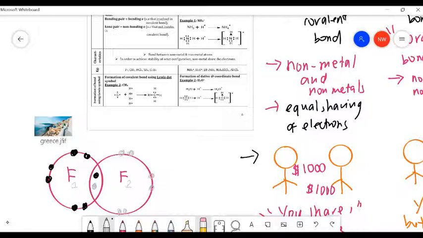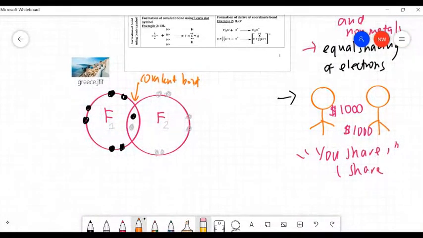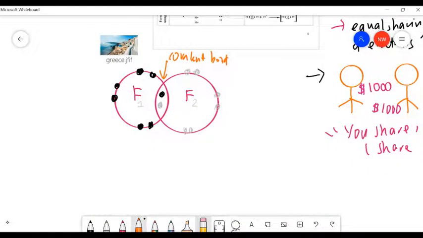So, fluorine pertama cukup 8. 1, 2, 3, 4, 5, 6, 7, 8. Fluorine yang kedua pula, after sharing of the electrons, ada 8 valence electrons. Dia orang mencapai octet. So, di sinilah happennya kita punya covalent bond.